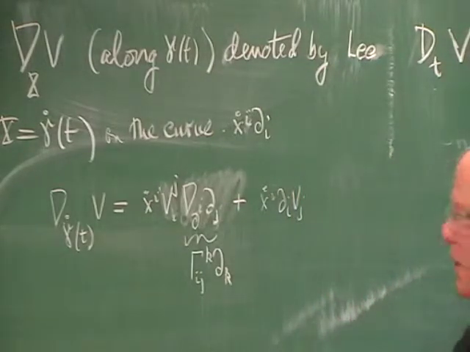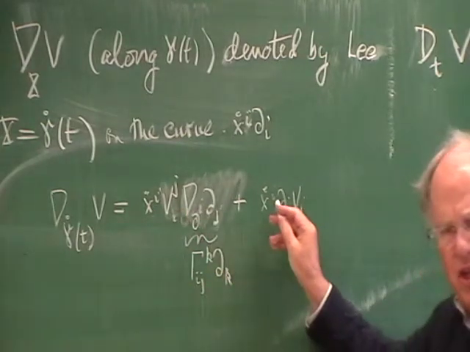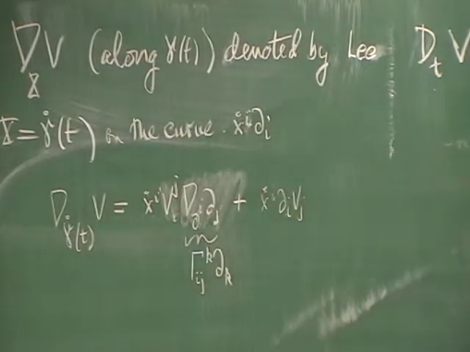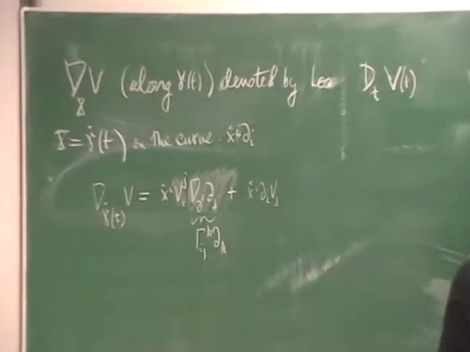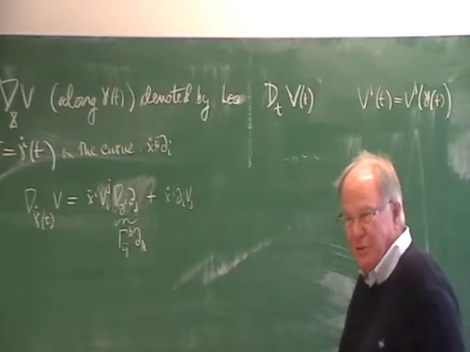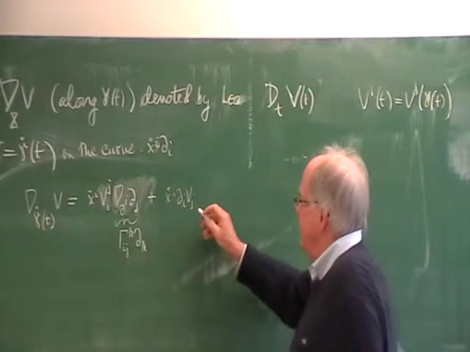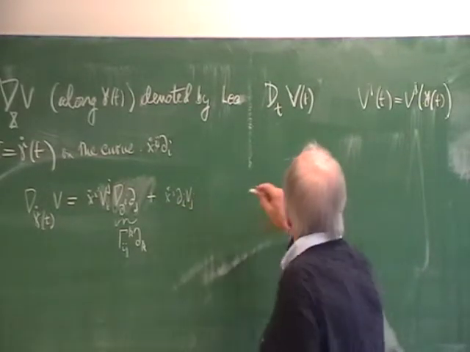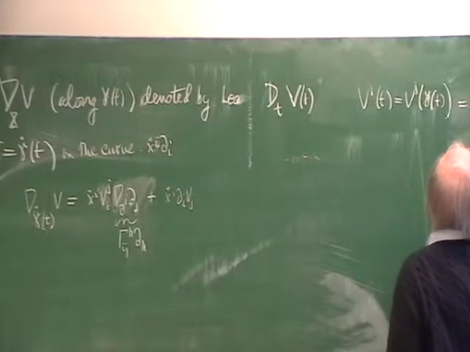That's what I have to do when I'm differentiating with this thing. Now look at that. V^j of t really means V^j at the point gamma of t. That's what it means. And when you differentiate it, this is the point V^j of x^1 of t to x^n of t.